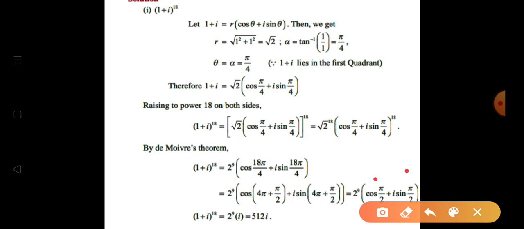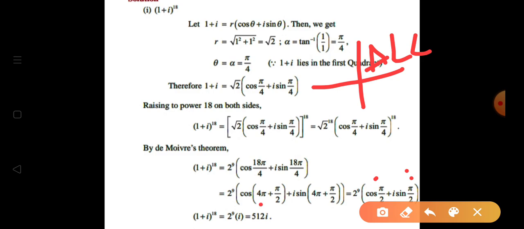Because in the first quadrant, all ratios are positive: sin theta, cos theta, tan theta, cosecant theta, secant theta, cot theta. So we write cos pi by 2 plus i sin pi by 2, both with positive sign.